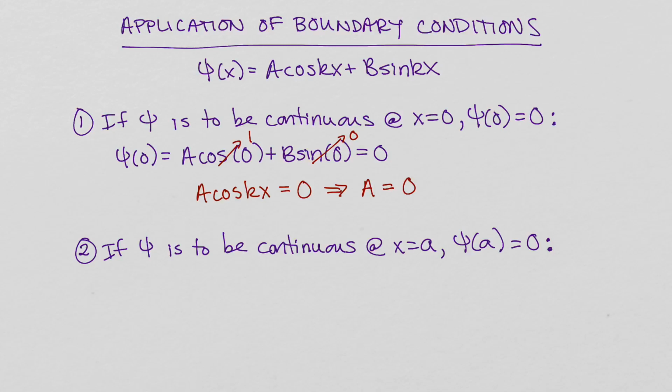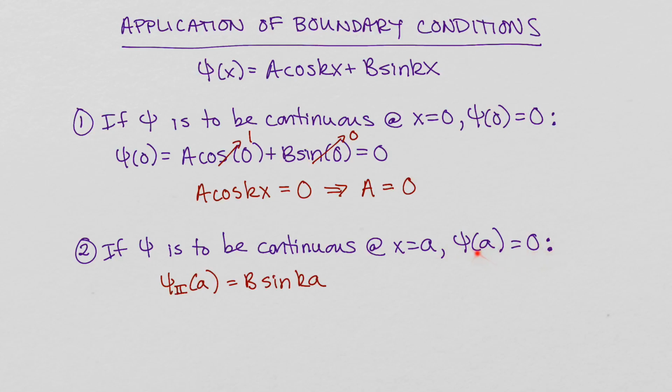Okay, so now that we know that a is equal to 0, that leaves us with the resulting wave function for our next boundary at x equals a of b sine of kx. Remember, since we have a equals 0, this part of our wave function is going to disappear. We're going to be left with this b sine kx term, and then we're just going to plug in our second boundary condition, which is at x equals a.